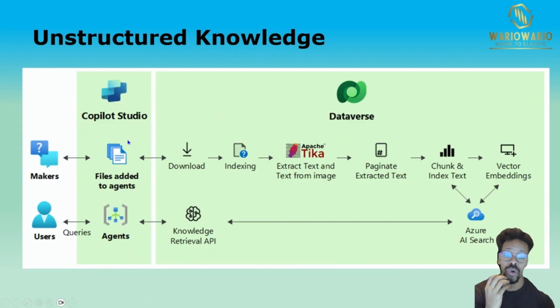So you will be uploading your files to Dataverse, and you will extract and use vector embeddings. There is an embedding model here that takes this and vectorizes it, so that when the user asks a question, the knowledge retrieval API just gets the answer from the vector.